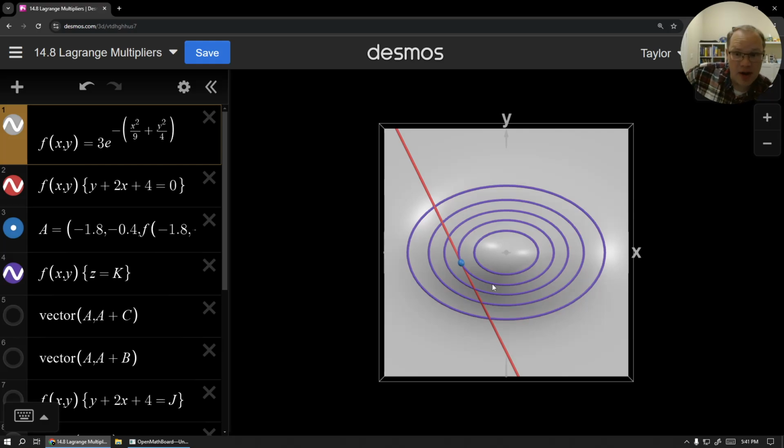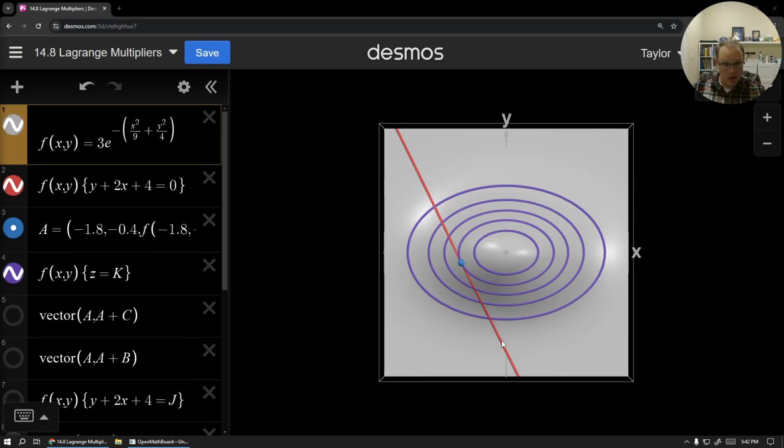This gives us a hint for how to approach this problem, because at the point where we reach the maximum value, the direction of the constraint equation and the level curve that we're tangent to are in the same direction at the same time, right? So if we could find a way to describe that directionality, then that gives us a way to figure out where we might have an absolute maximum.